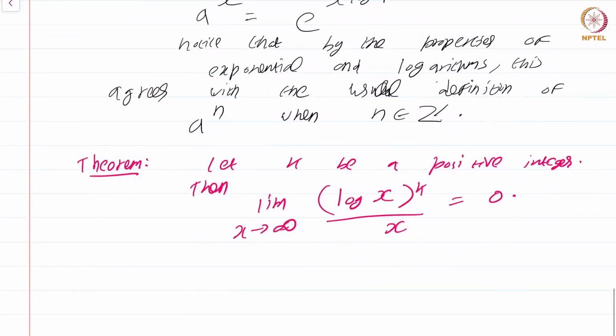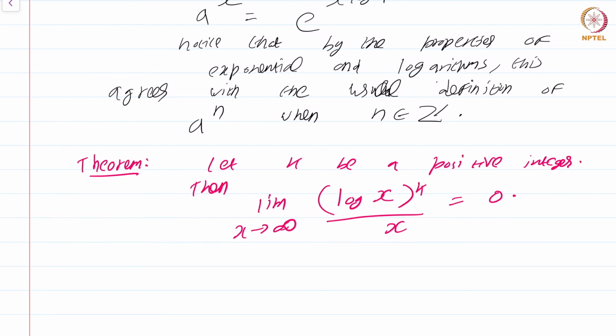We already know that the exponential function goes to infinity faster than any polynomial. We have encountered this phenomenon several times in this course. This is saying something interesting. Take the logarithm, we know that it goes to infinity. Boost the speed at which it goes to infinity by taking power k. It still goes to infinity far slower than even the linear factor just x. So the logarithm function grows really slowly, and that is captured quantitatively and analytically in this theorem.